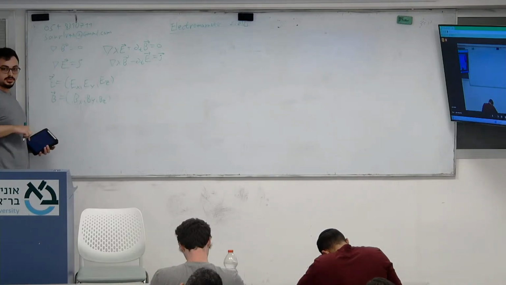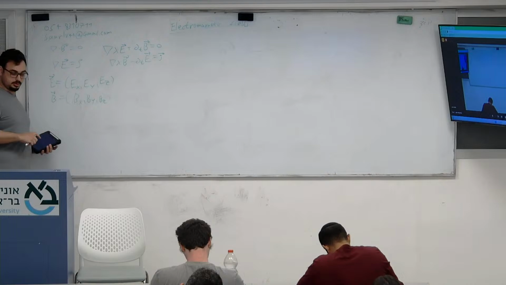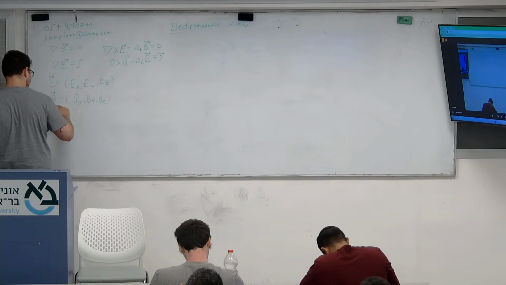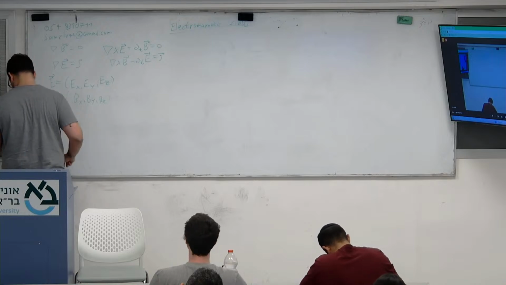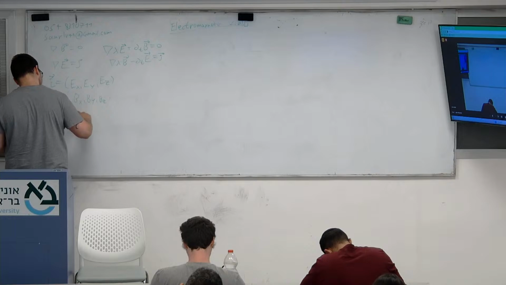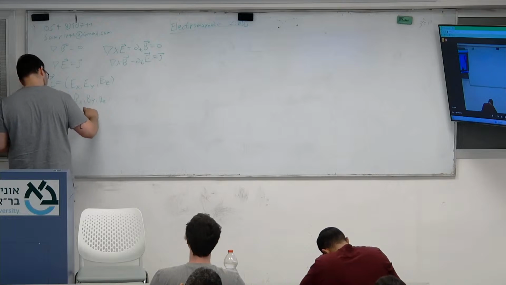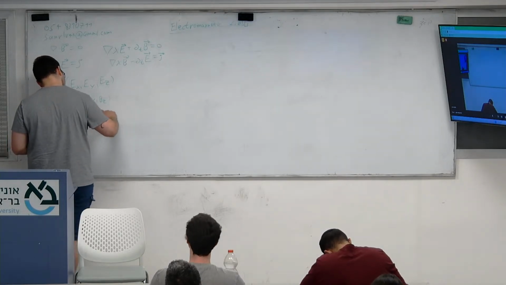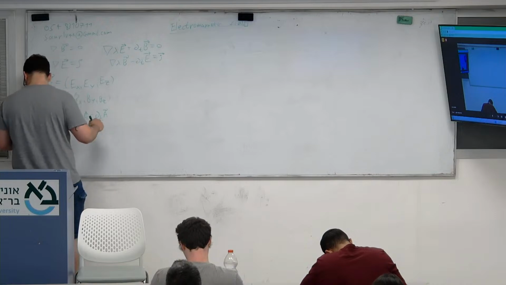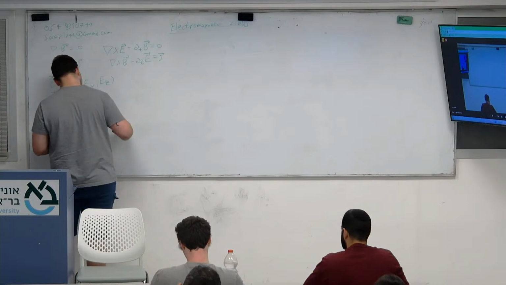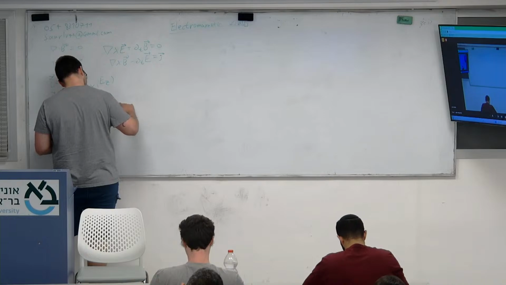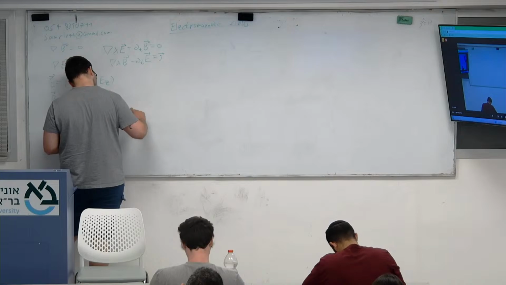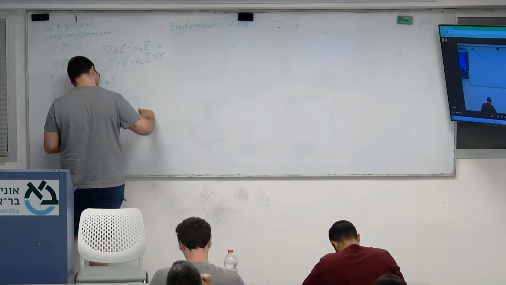But we know that there's some sort of connection between them using the electromagnetic potential. If I write the electric and magnetic fields using the potentials, I can write the electric field as minus the gradient of a scalar field minus the time derivative of the vector field, and the magnetic field equal to the curl of the vector field.